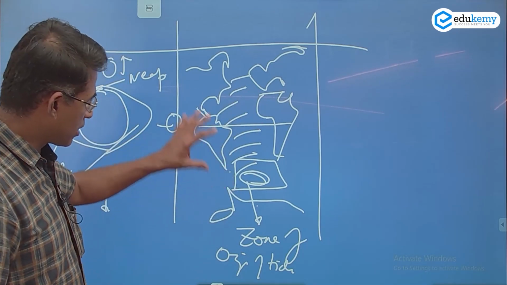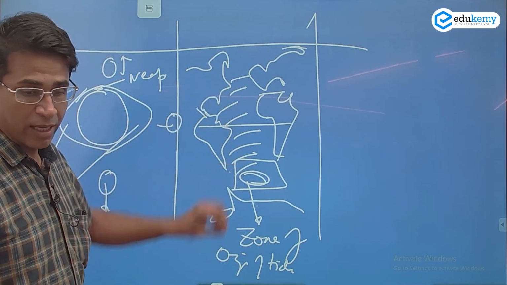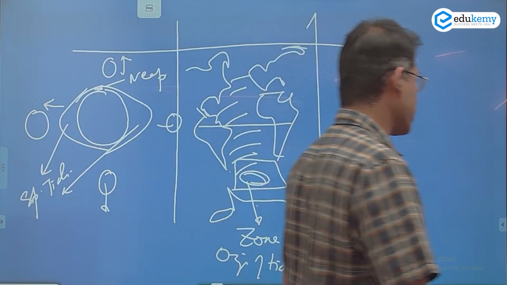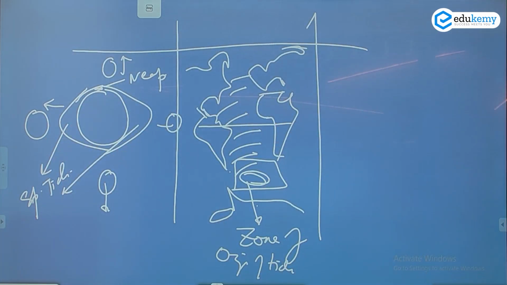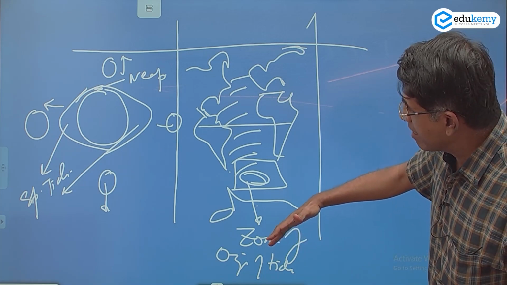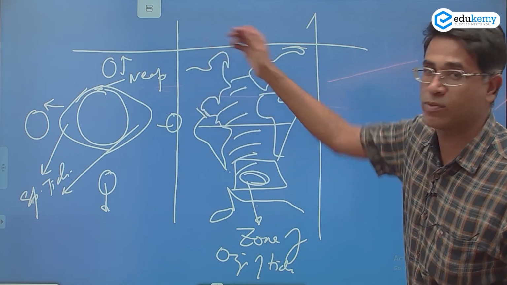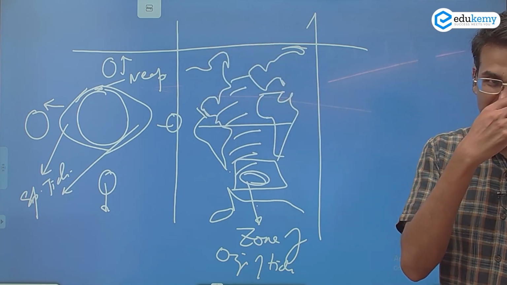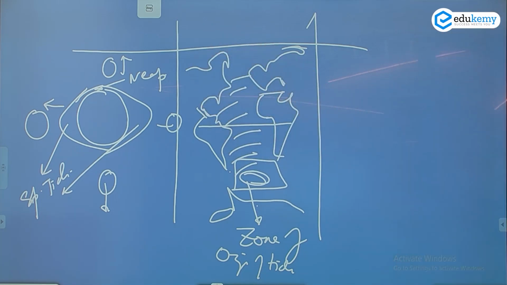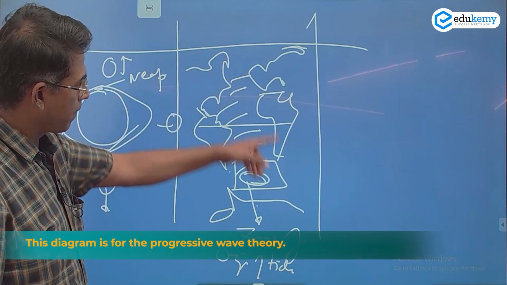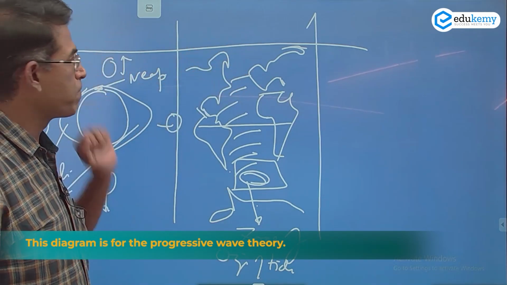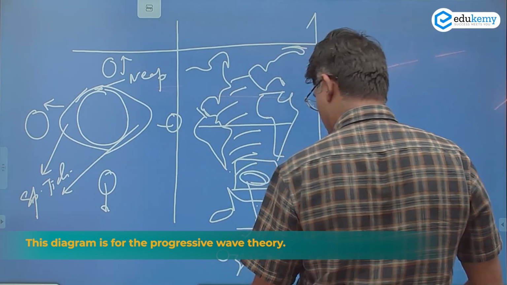In this theory, the origin of tide is the southern waters, and from here the tidal waves move north and westwards, related to Earth's spin. So this diagram is for the progressive wave theory.